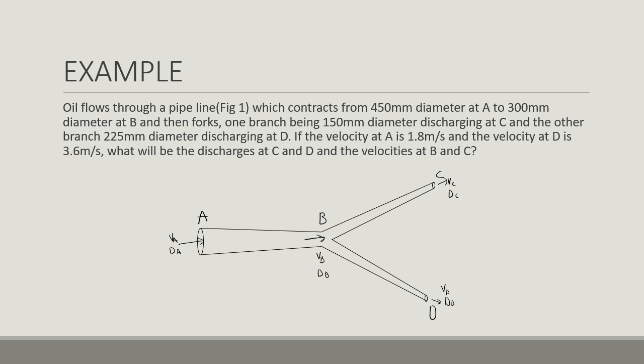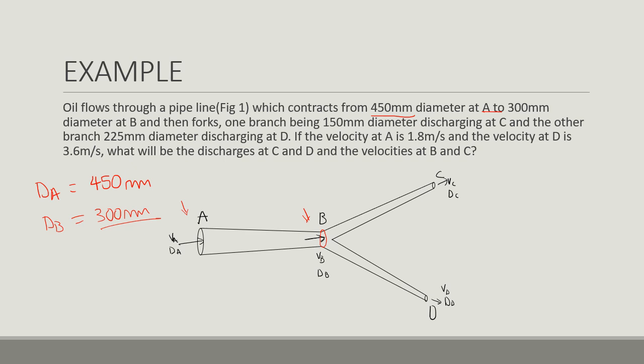Now it says that it contracts from 450 millimeter diameter at A. So that means diameter at A, DA, is 450 millimeters to 300 millimeter diameter at B. That means diameter at B, DB, is 300 millimeters. That is, this is DA, this is DB.